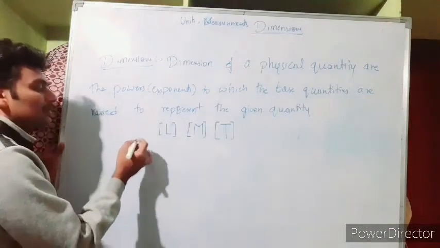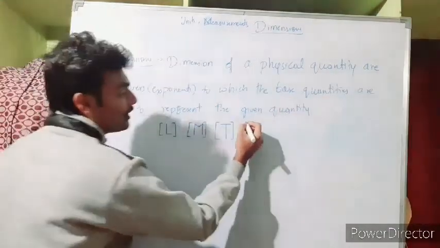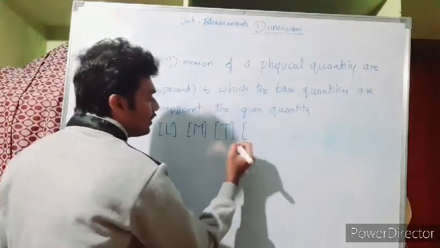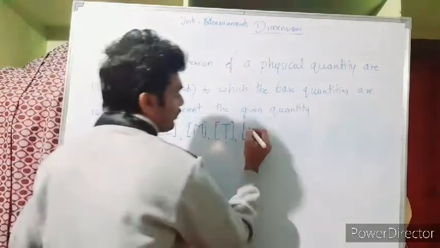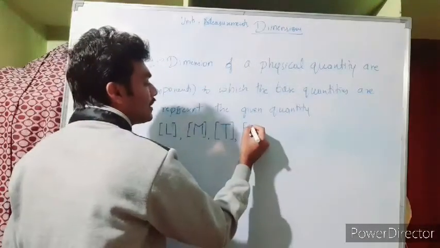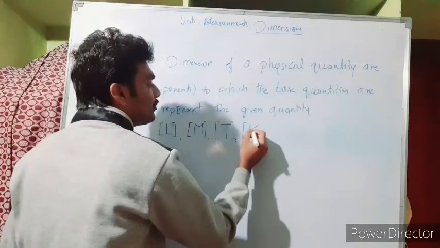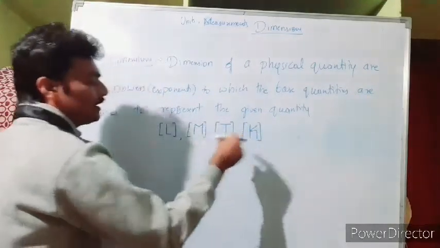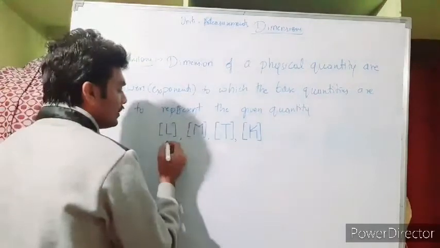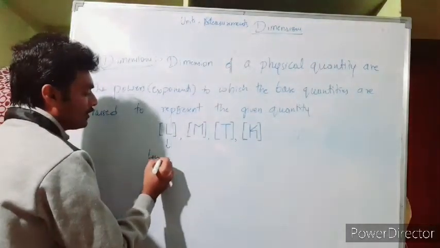Similarly, let me give you the idea of other quantities also. Length, mass, time, and current is one more important. Or before current, we can write the dimension of temperature. The dimension of temperature is capital K in square bracket. Okay, so keep that in mind. These are very important.